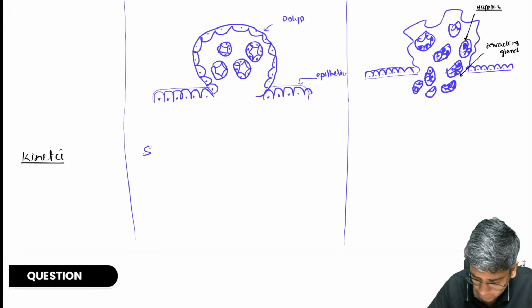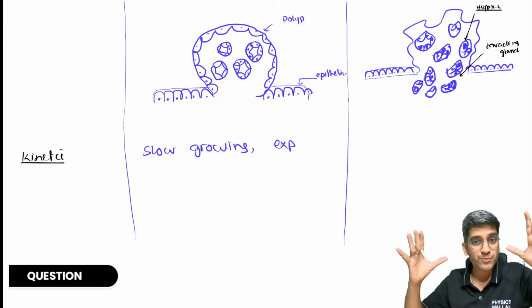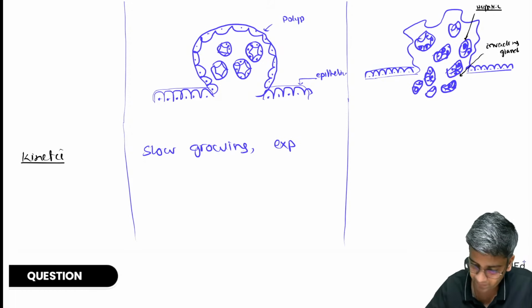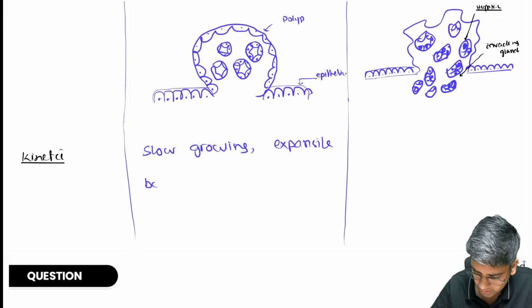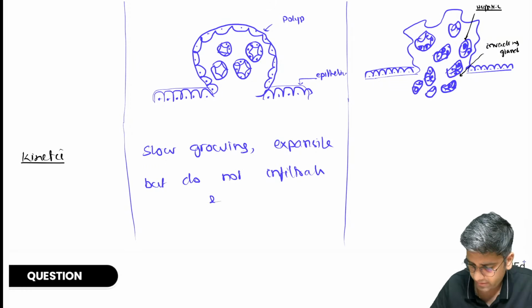Generally, benign tumors are slow growing tumors. They are expansive. They expand, but they do not infiltrate and metastasize.